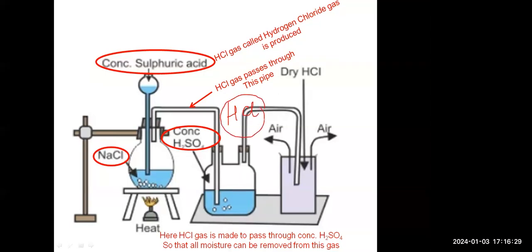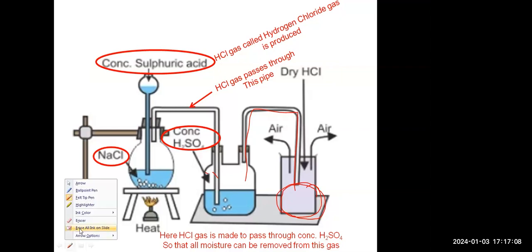We do not want any moisture in this gas. So the method is, let the gas come in contact with sulfuric acid. Sulfuric acid will act as a dehydrating agent. Dehydration means removing water. So once the water gets removed, hydrogen chloride gas in absolute dry form will come into this beaker, you can see this one, right?